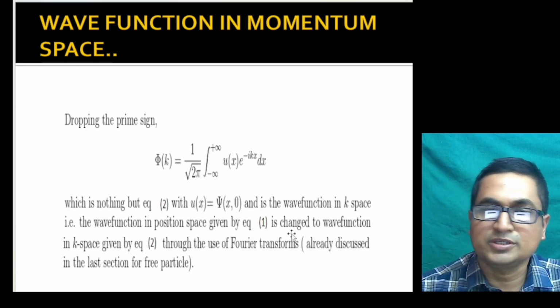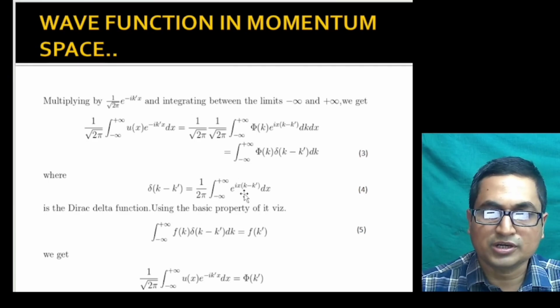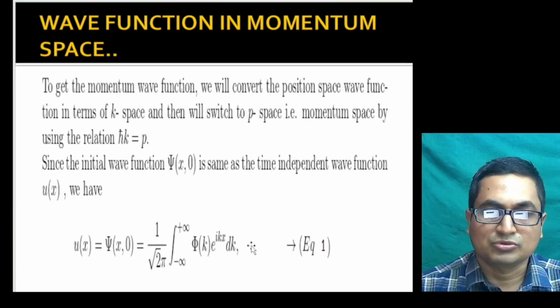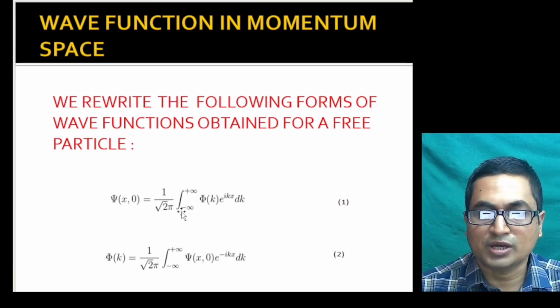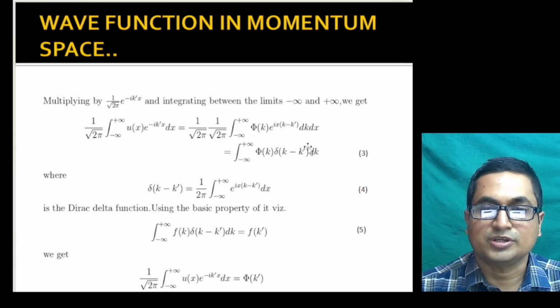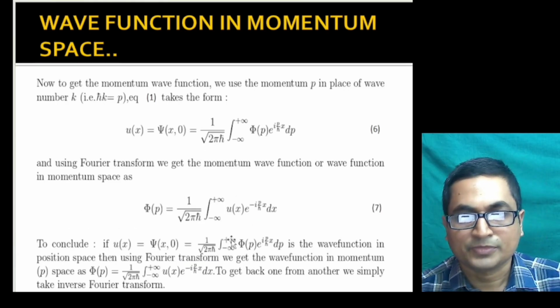This is already discussed. So this is equation 2, and we started with equation 1. This was obtained with the help of equations 3, 4, 5, and the definition of Dirac delta function.